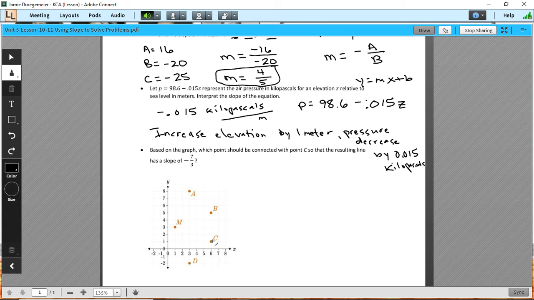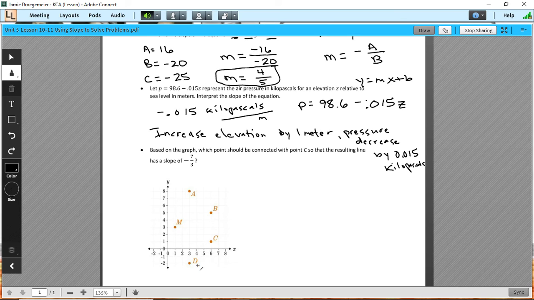if we have a slope of negative 7/3, we talked about earlier in the unit that negative slope means that as we move from the left to the right, the line is going to be falling. And so right away, that tells me that it can't be point D, because if I connected D with C, I would have a positive slope.